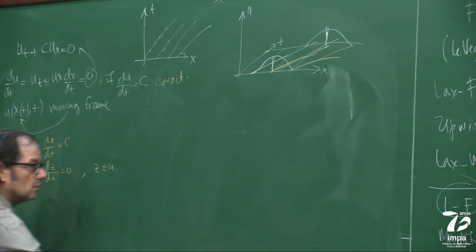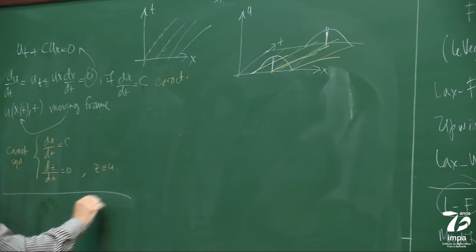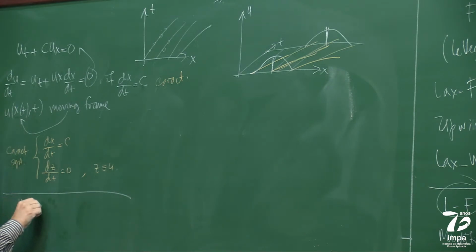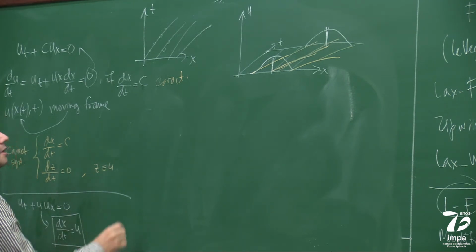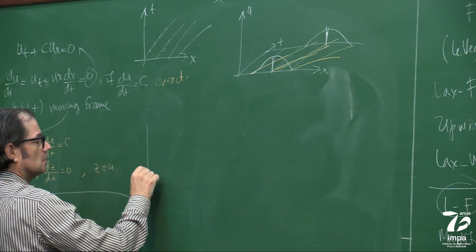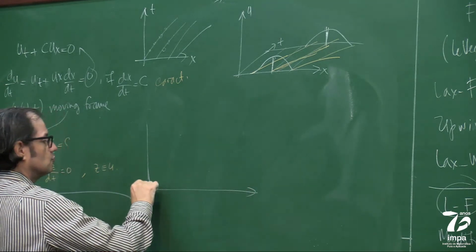Okay. Now, if we go to Burgers, it's the same thing, but now dx/dt is equal to u. Right? So therefore, this means, let me see if I can do a good drawing.